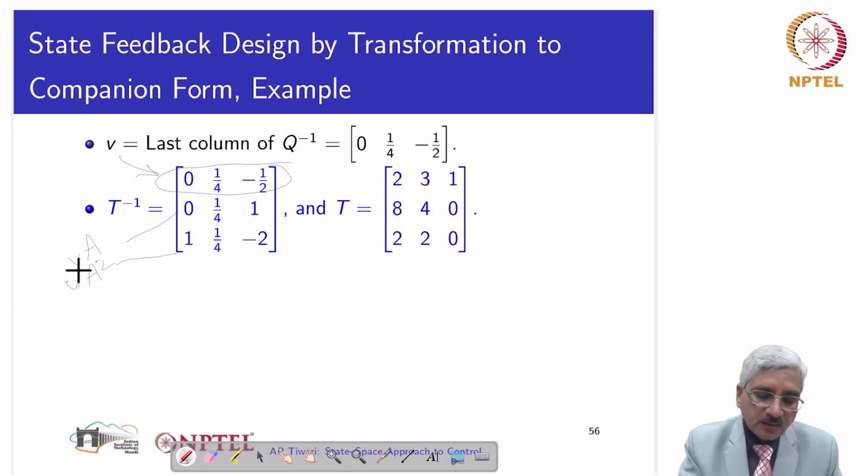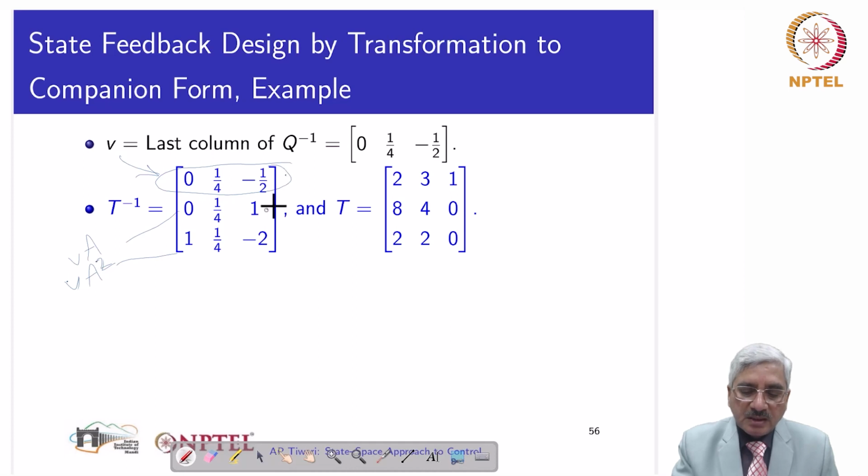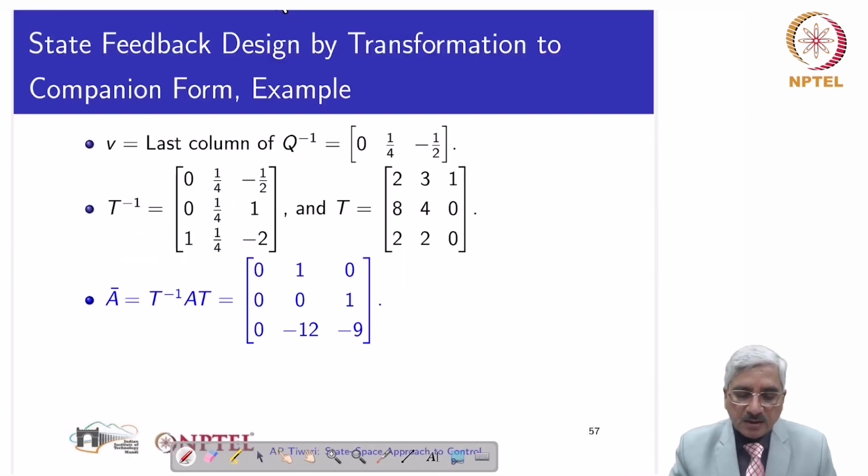This was done earlier when we were learning equivalent systems or similarity transformations. So this is V, this is VA, this is VA square, and that gives T inverse. Its inversion gives T, and the transformed system A bar will be T inverse A T, which is this in the companion form.